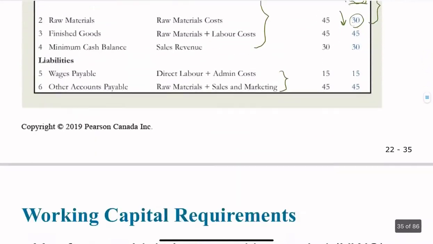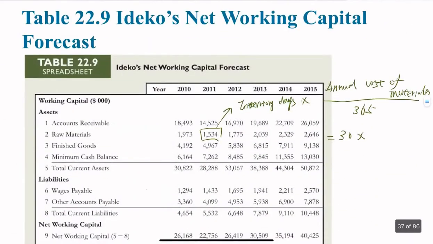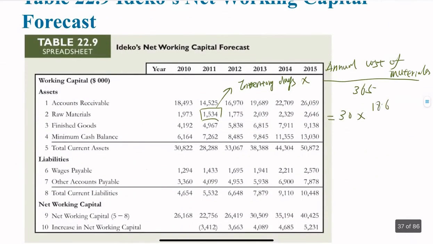So 18.665 divided by 365. So this will give us, I believe it should be $1.534 million. So which is exactly this number here, because this number is in units of thousand.